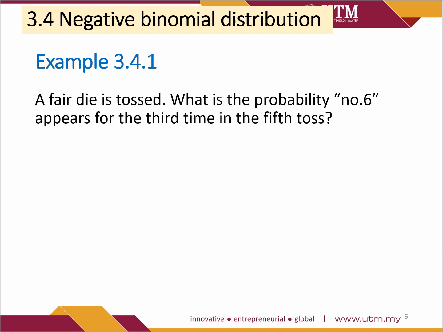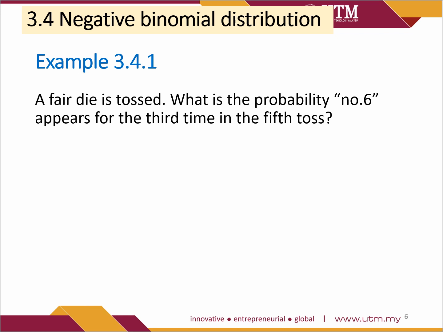So let's try this example. A fair die is tossed. What is the probability that number 6 appears for the third time in the fifth toss? This question is a bit different from the binomial distribution.